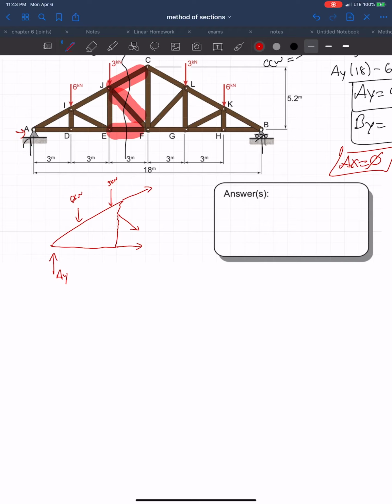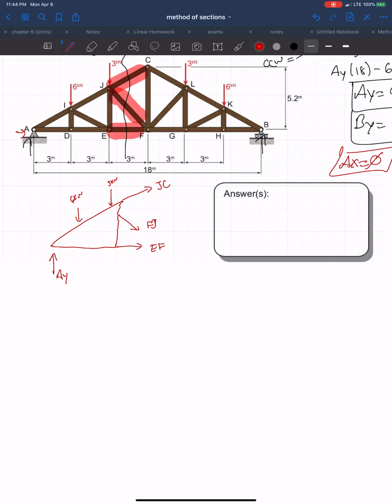Remember, every time you cut a truss, whatever members are sticking out, you always want to make those tension, always. Once we do the math, it'll tell us whether it's in tension or compression. Okay, so this is JC, this is our FJ, and finally our EF. Okay, beautiful. So now we can go ahead and start.